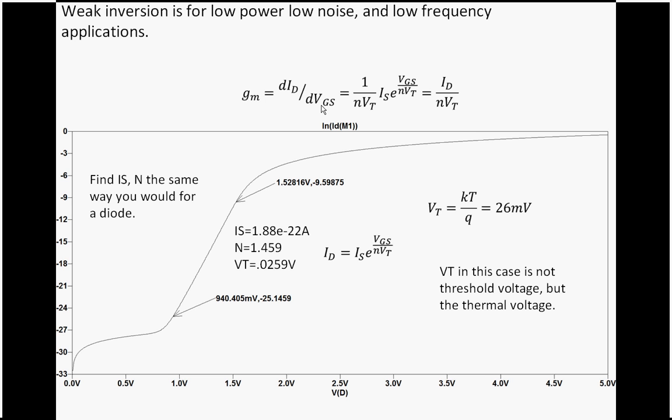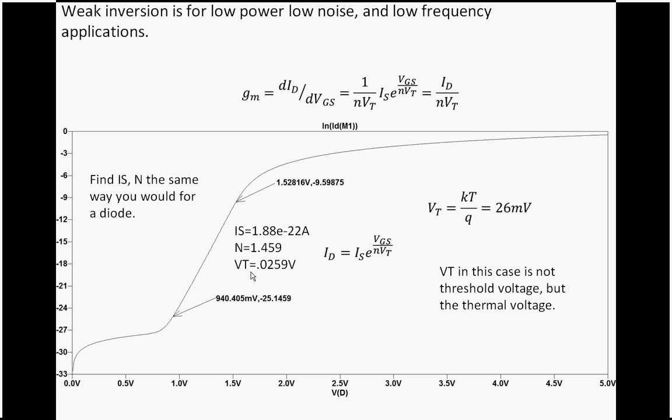But in this case, rather than the GM that you're used to in the textbook, we actually are taking the derivative of this equation here, and when we simplify it, it's simply ID over an ideality factor and a thermal voltage. Now this is a thermal voltage, 26 millivolts at 300 Kelvin. And it is not the threshold voltage. It's just how warm everything is.